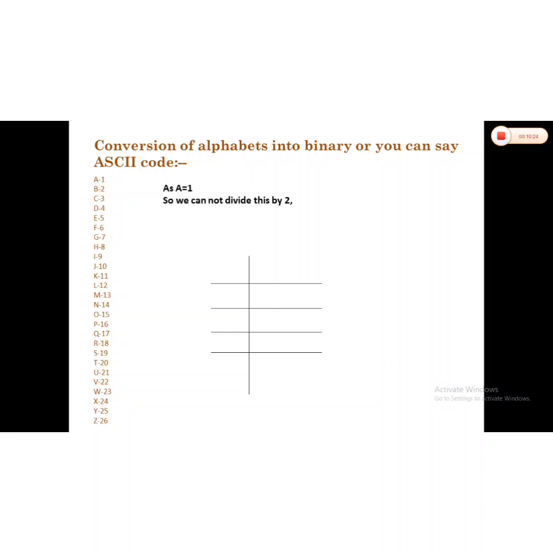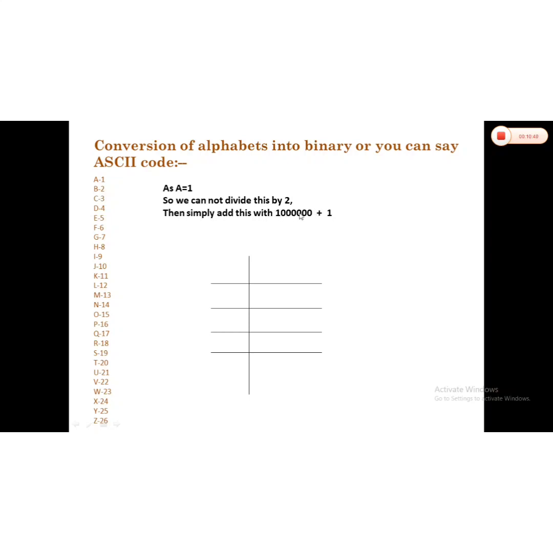So for A, we cannot divide this by 2. When your quotient becomes 1, you cannot do the division. So you just need to add this simply with these numbers. This is the ASCII number, a 7-bit code, as I have already told.